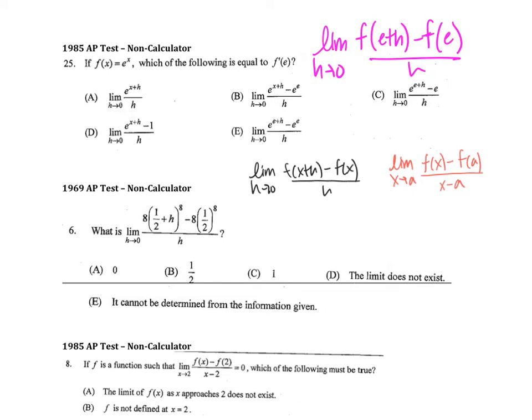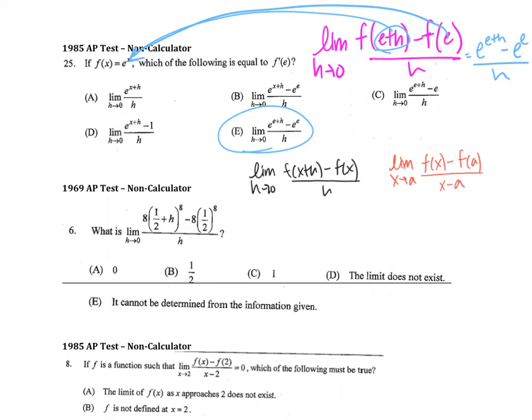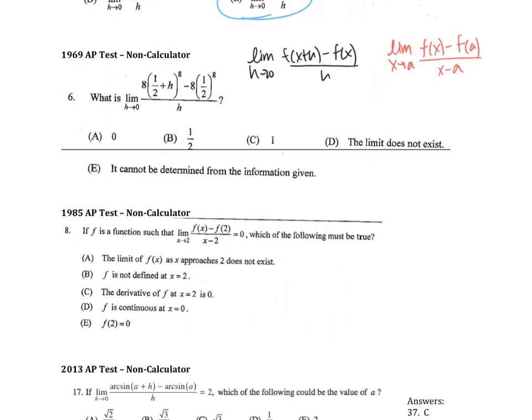If I plug e plus h into my function, that would be e to the e plus h minus e to the e all over h. And when I look at my answers, that matches option E.